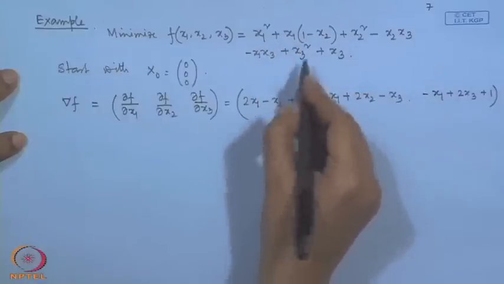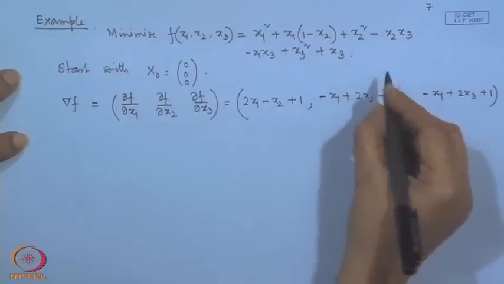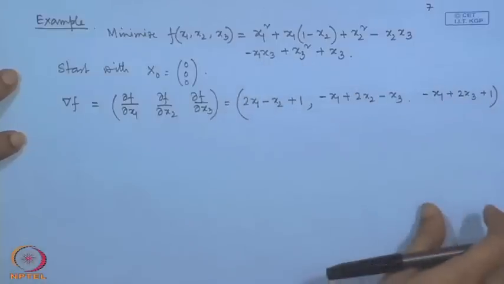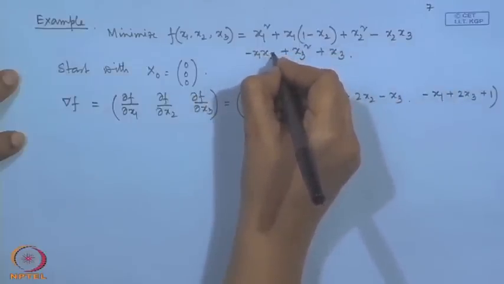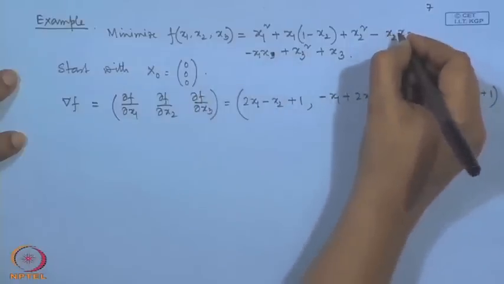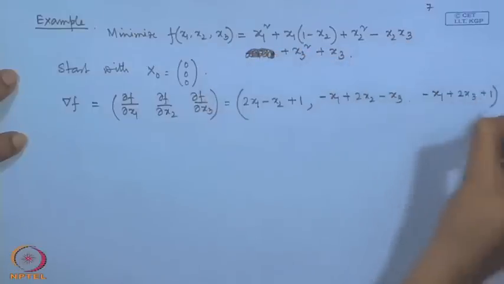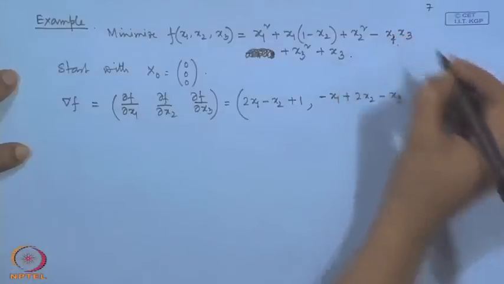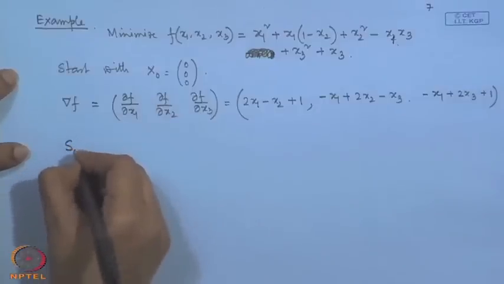Sorry, this should not be here, and it should be minus x2 only. Yeah, if this is the grad f function, then let us move to x naught.